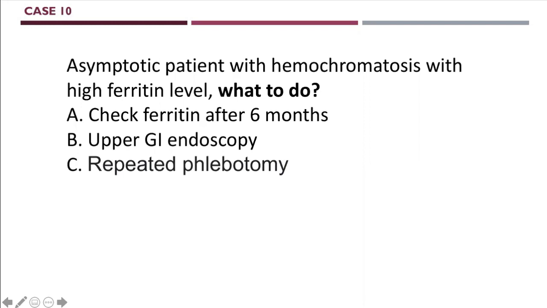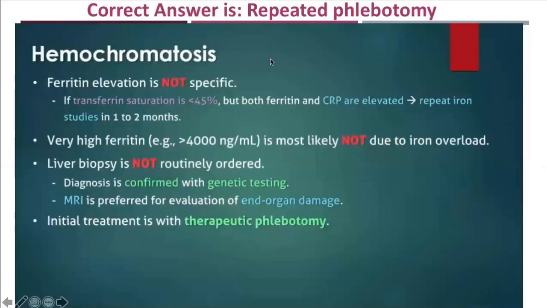Any thoughts? They should mention the level. I think the level is very important there, but here it is not mentioned, just high ferritin. So for those patients, you really do repeated phlebotomy.